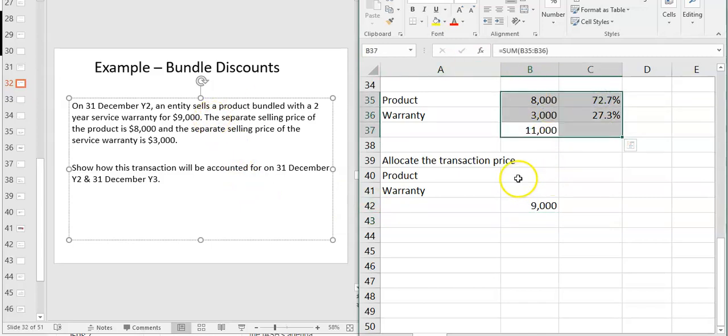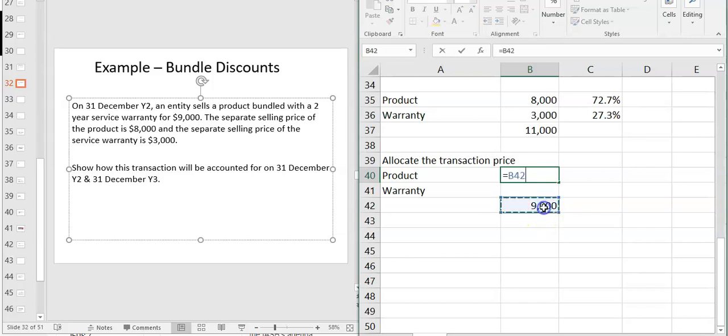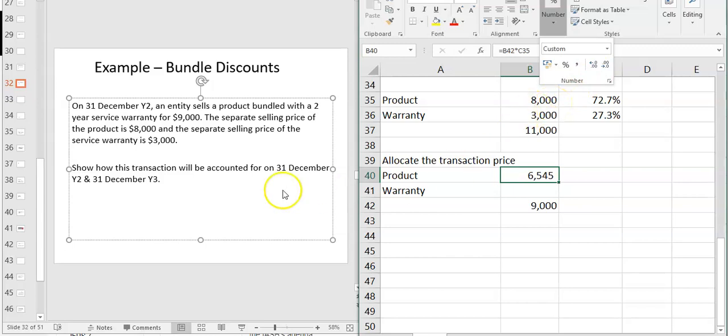What we now say is, well, that means if the product in the bundle is worth 72%, you say 9,000 times 72%. You will recognize the product as 6,500. So even though the product standalone is worth 8,000, because you've given a discount, it's going to be worth less. So it's now going to be worth 6,500.